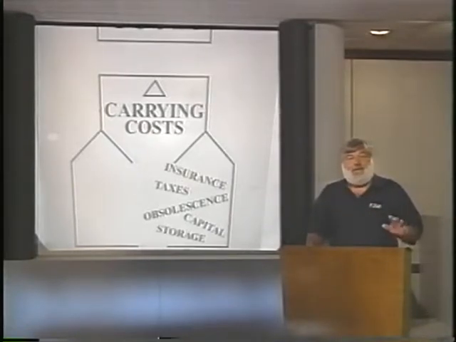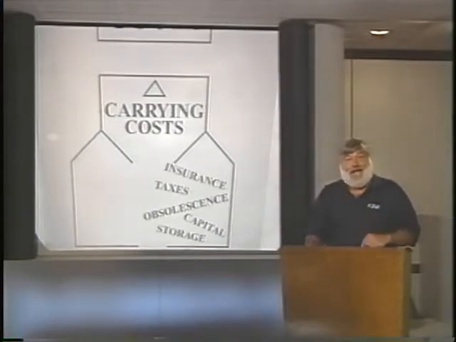The way to look at it is if I have $100,000 in inventory at 20% carrying cost, it's costing me $20,000 a year to carry that inventory. Reduce that inventory by $80,000, that's 80% of $100,000.